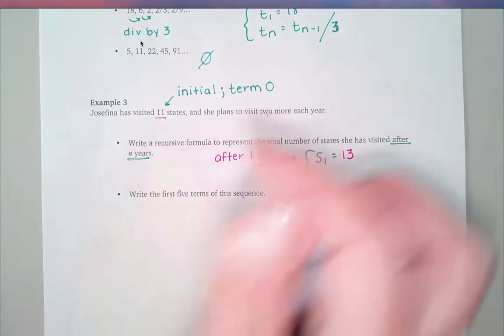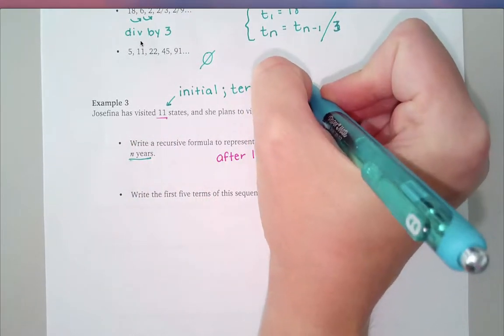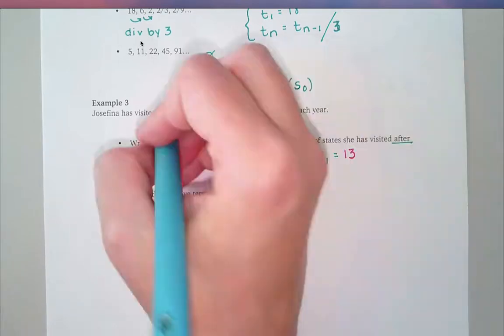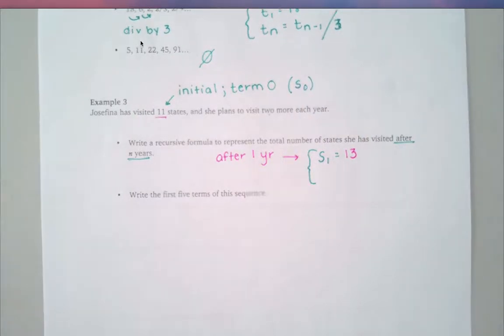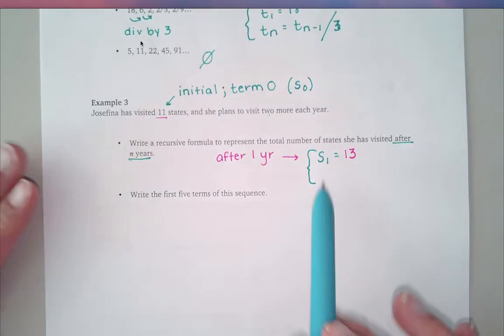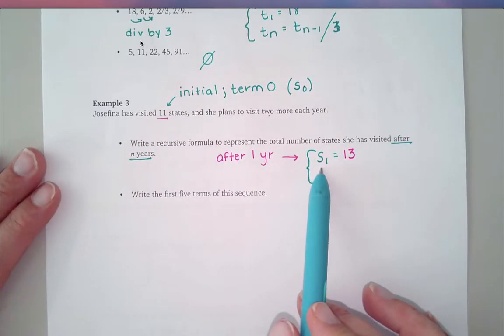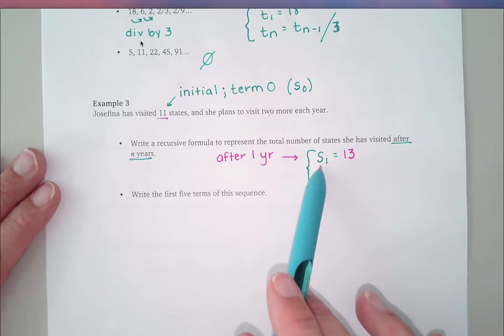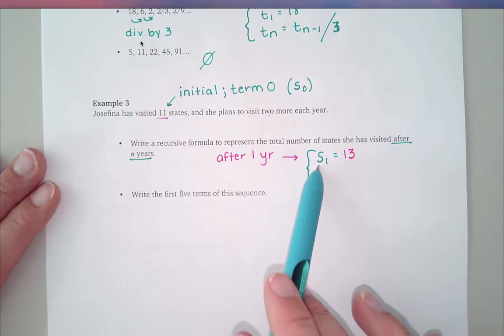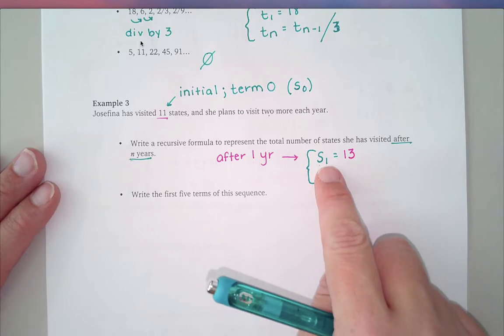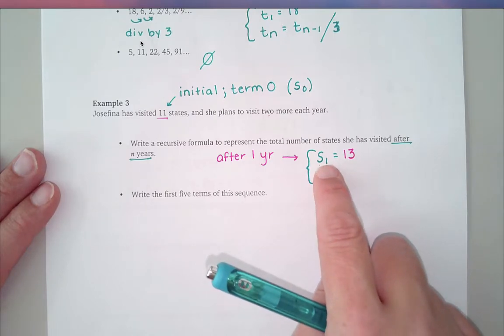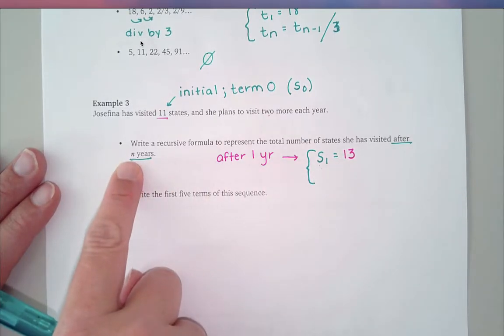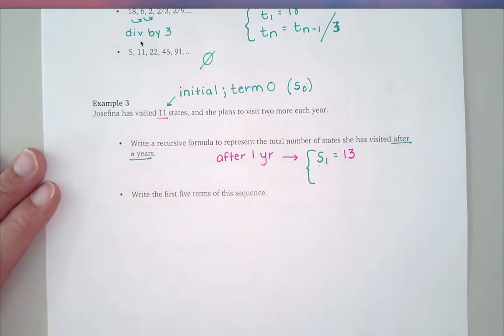If I had to identify S sub 0, it would be 11, all right? But I don't usually identify S sub 0. I need S sub 1. Okay, so sometimes you have to play around with that first value to decide which one is actually going to be your term 1. And I always just go back to, if I put it in this wording, is this number reflecting what I want it to?